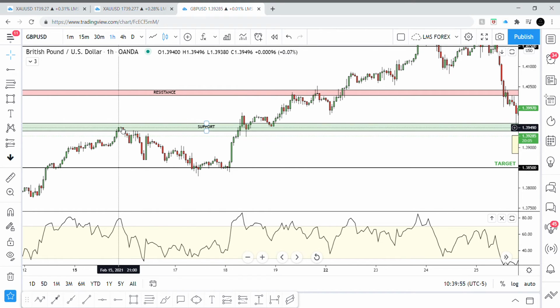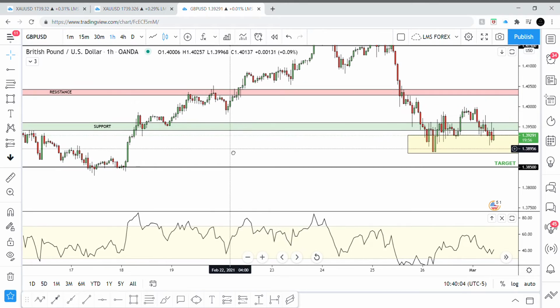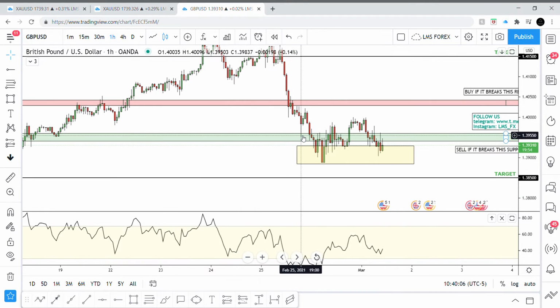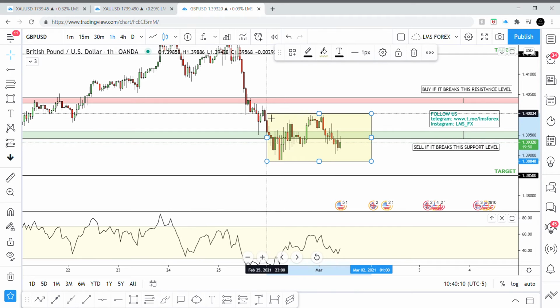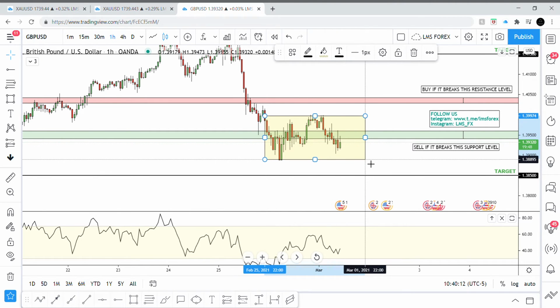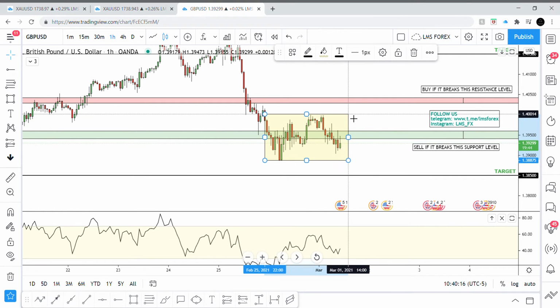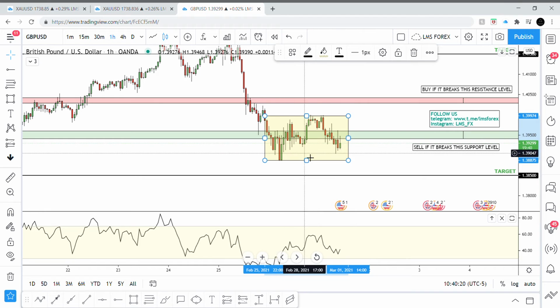It was resistance, broke resistance, came down, tested as support, gave this long rejection, and tested as support again. All of this happening right now is what a lot of people would call fuckery, because this price action right here is not respecting this level at all anymore. So we have to see what happens around here.